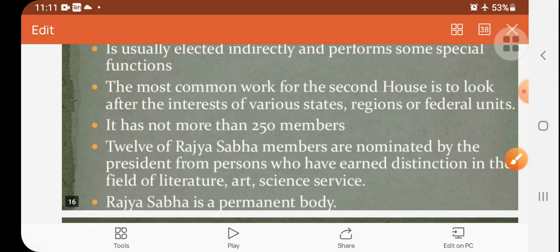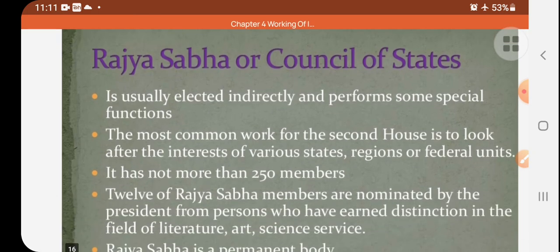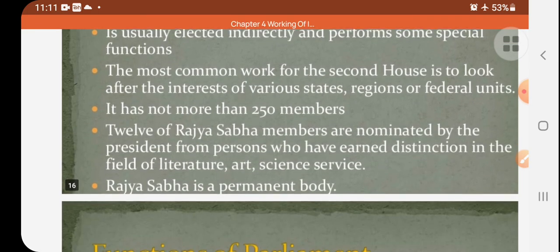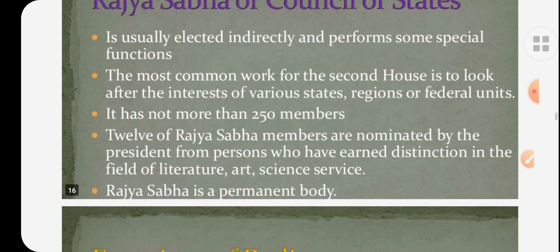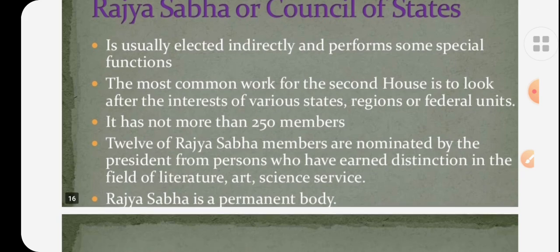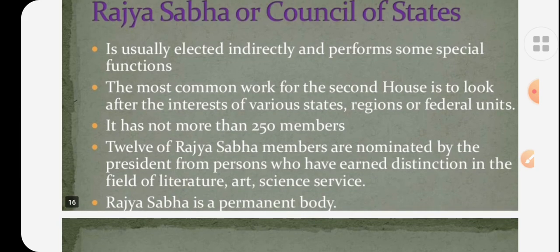And Rajya Sabha is a permanent body. Permanent body means that, unlike the Lok Sabha, it doesn't dissolve after 5 years. It takes 6 years, but only a few members get retired, and otherwise most of the members remain permanent. So till here we discussed today.